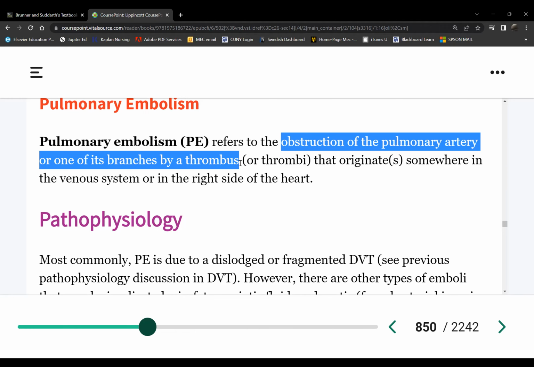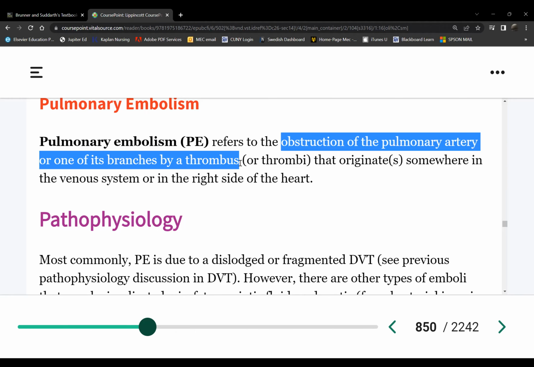Where does it get its blood supply? Because lung tissue needs blood and oxygen too. The bronchial arteries. Okay, so the bronchial arteries do not come from the pulmonary artery. They come out of the descending aorta. If you look at the descending aorta, right after the arch, the first branches there are 2 bronchial arteries. Those arteries supply blood and oxygen to the lung tissue.